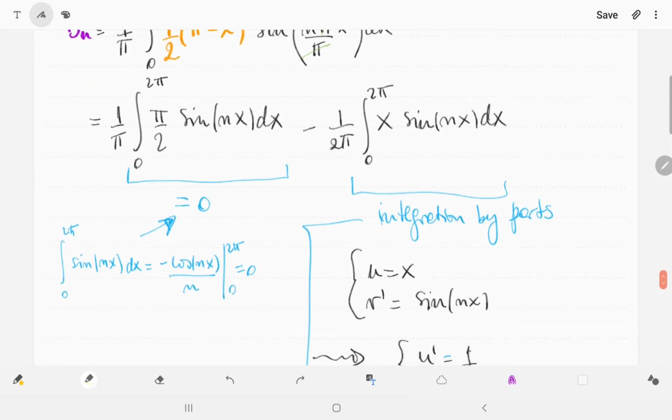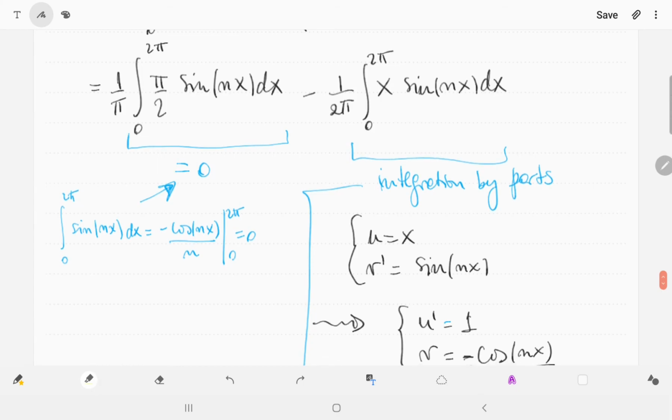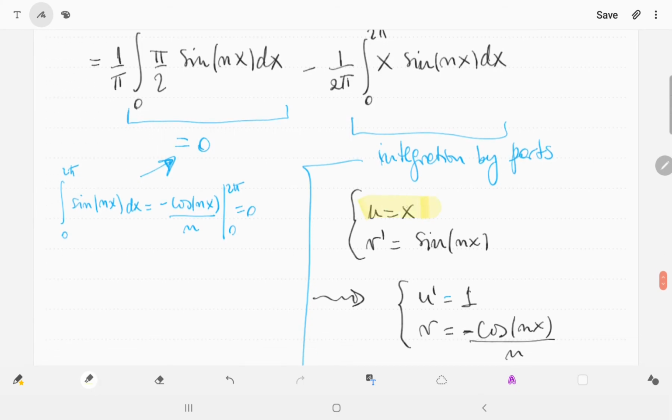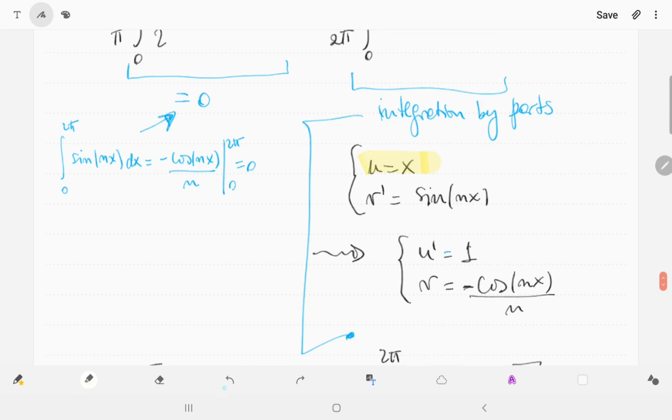Taking u equal to x and v prime equal to sine nx, we have u prime equal to 1 and v equal to minus cosine nx over n.